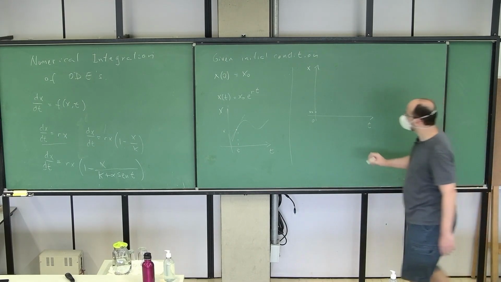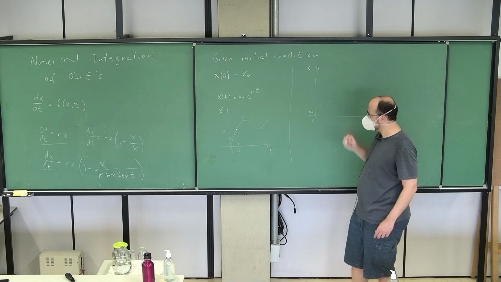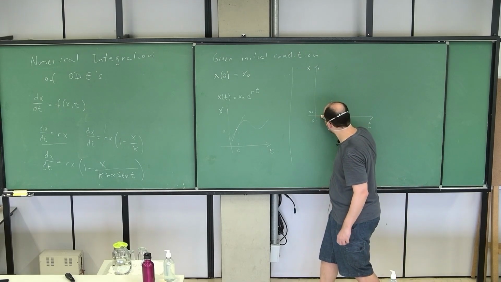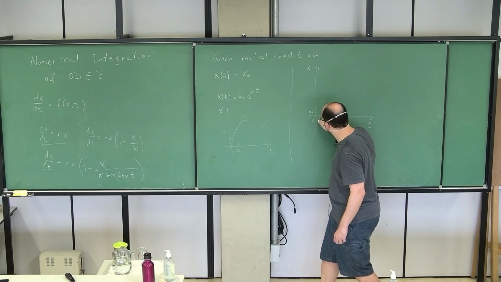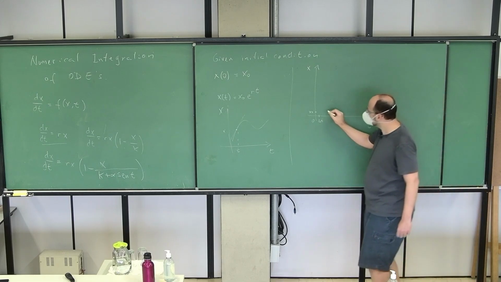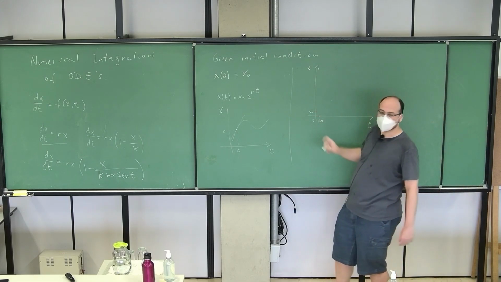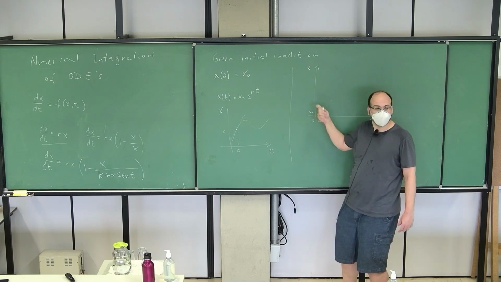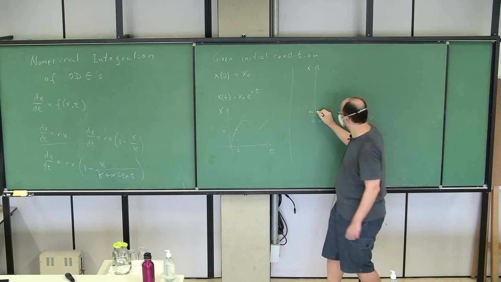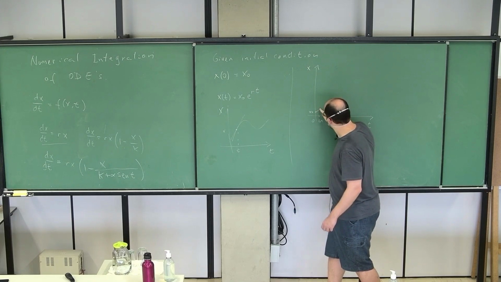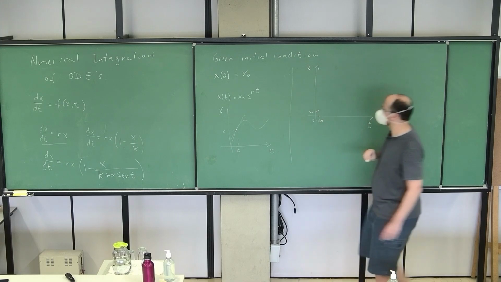I will take small steps in time, from 0 to the first step here. I'll give a time step delta t, and I have to estimate how much x of t will decrease or increase over this small time step. For instance, if it grows a bit, it goes from this point to this point, okay?